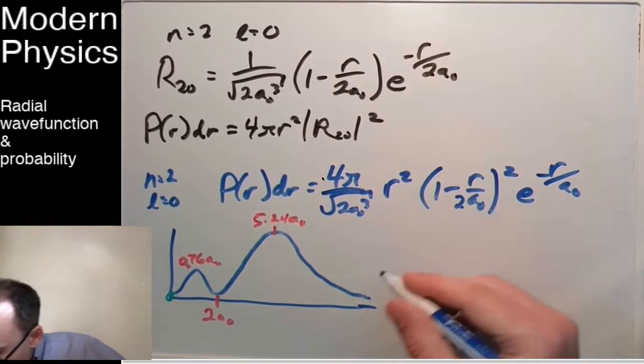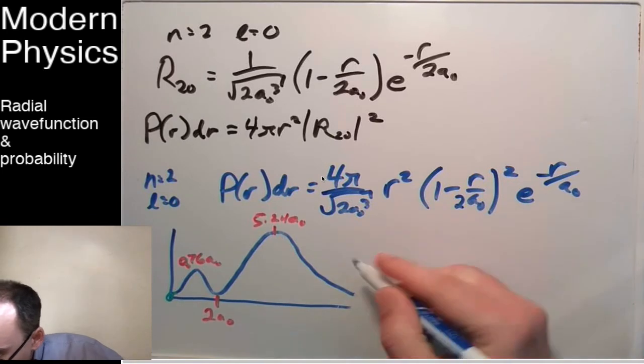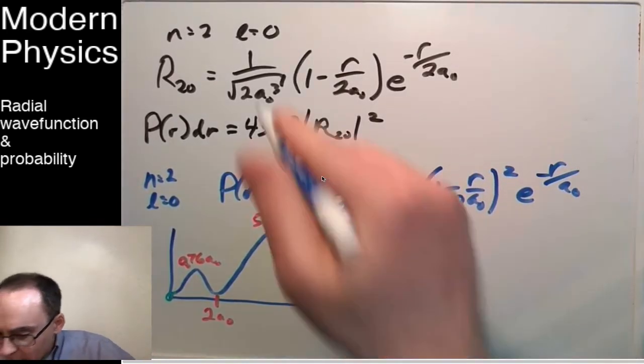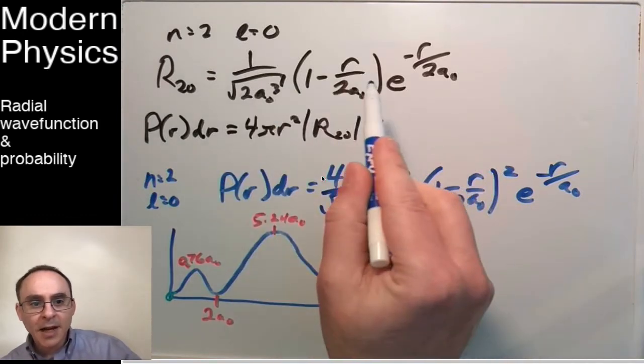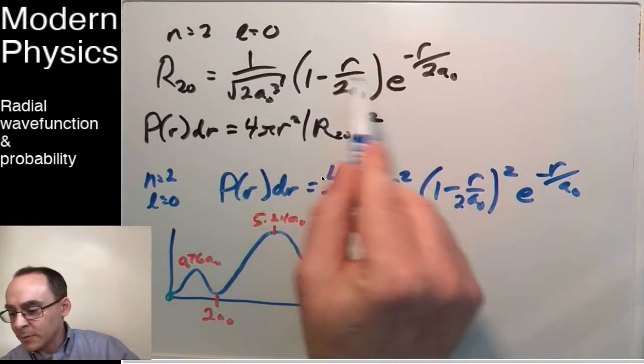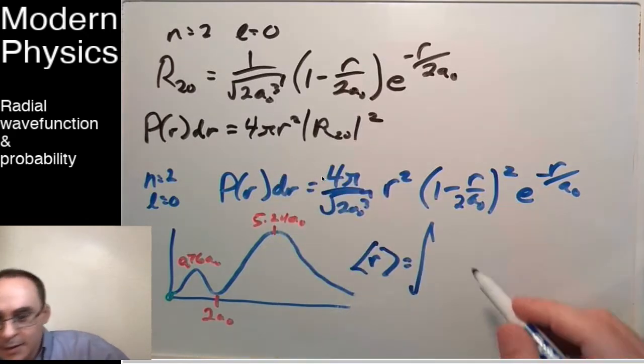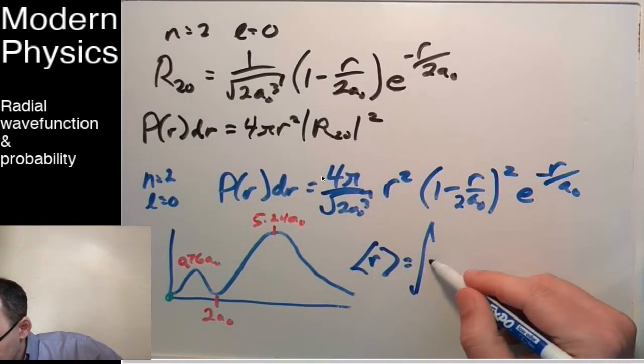I don't know if I can squeeze it on here, but let's see if I can. We're going to integrate the wave function times its complex conjugate, but there are no complex numbers in here, so it's just real valued, so we're basically squaring it, and then with a 4 pi r squared.